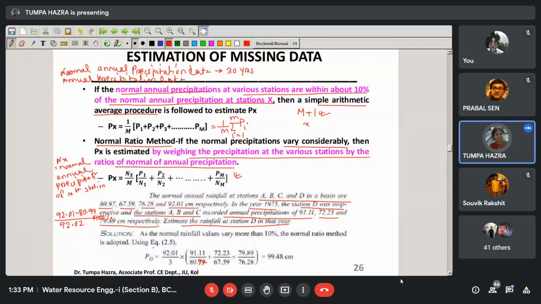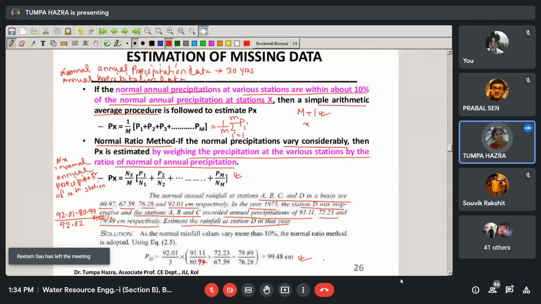So the precipitation of 1975 of the dth station, PD, is equal to the normal annual precipitation of the dth station, 92.01, by 3, into the precipitation of station A of 1975 divided by the normal annual precipitation of A, plus station B precipitation by its normal precipitation, plus for station C the precipitation by its normal precipitation.